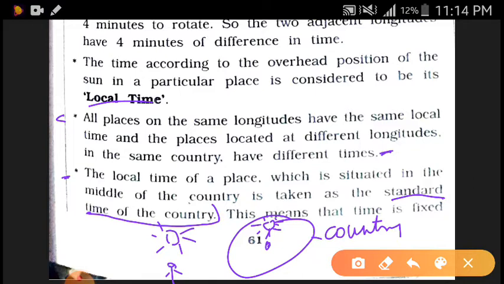So that is the basic difference between local time and standard time. Standard time is useful for the whole country, so the country has the same time in all the different states or regions of that same country.